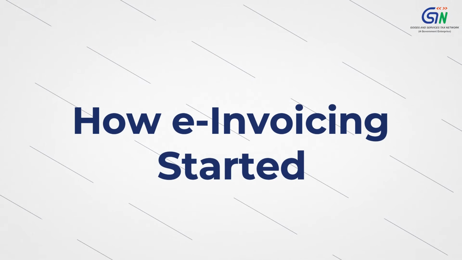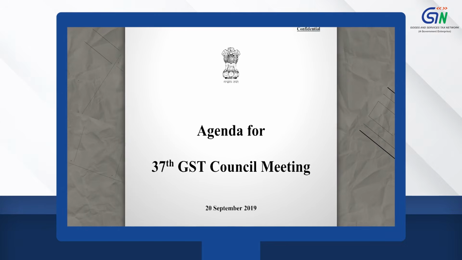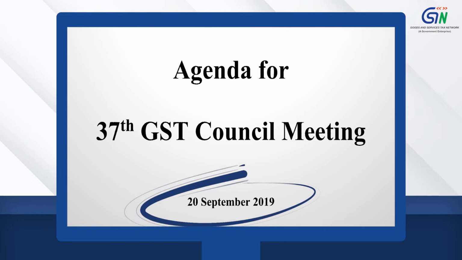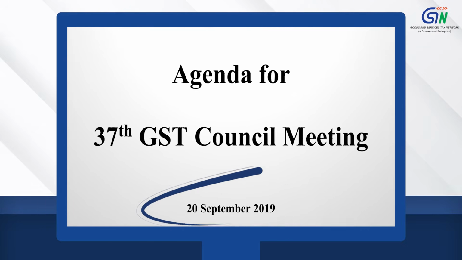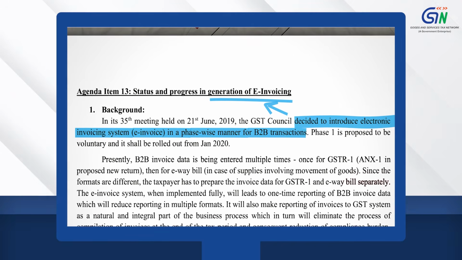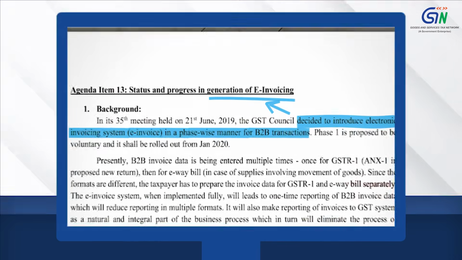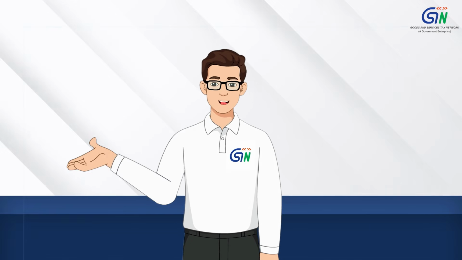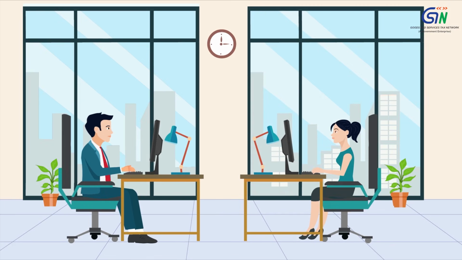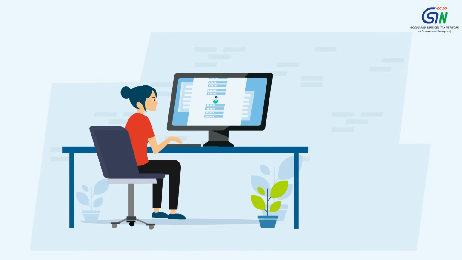How e-invoicing started? The GST Council in its 37th meeting held on 20th September 2019 recommended the introduction of B2B electronic invoicing in a phased manner under the Goods and Services Tax Framework. The purpose of introducing e-invoicing is giving more power to taxpayers while saving their time and making the process fully transparent, simple, and easier.